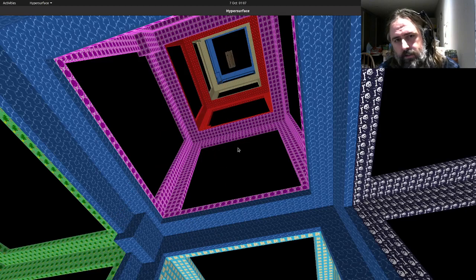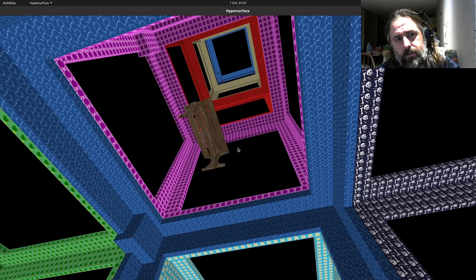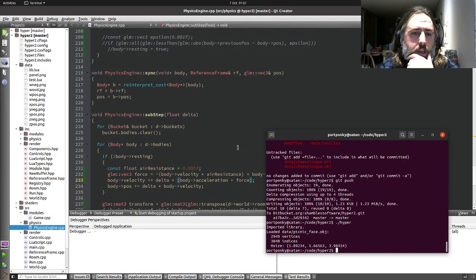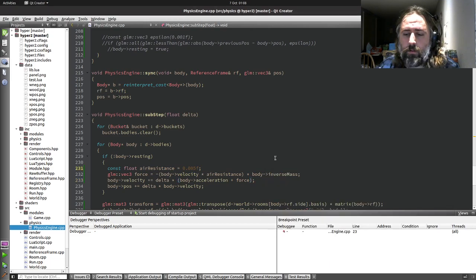So this is actually just a linear drag force. Oh, no, I'm doing this wrong. Am I doing this wrong? How does this work? So to explain it, even if this was really high, I don't think this would ever actually.